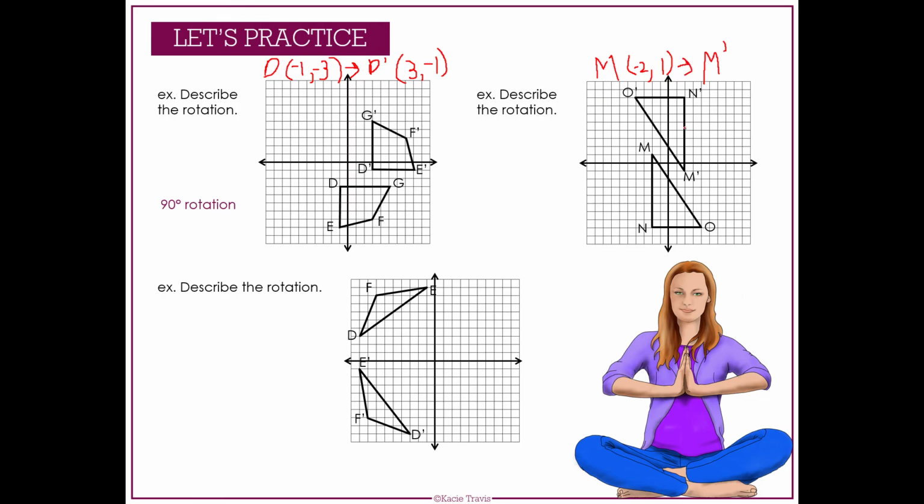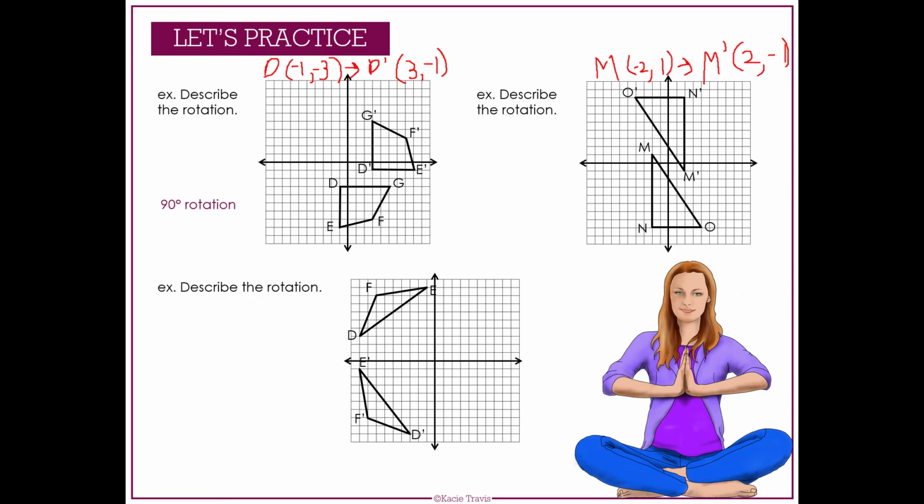M prime now is at positive 2, negative 1. So positive 2, negative 1, and 2, 1, they both got the same x values and y values for the numbers, but the signs changed. Negative 2 turned to positive, and 1 turned to negative 1.